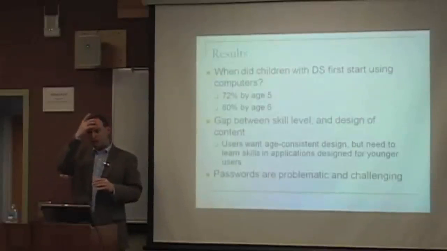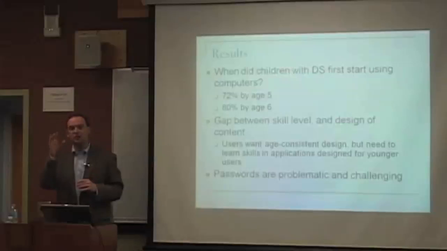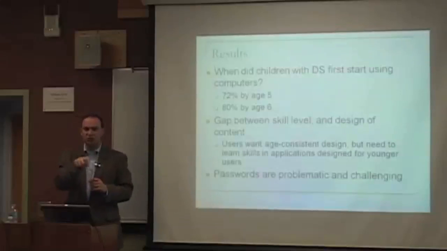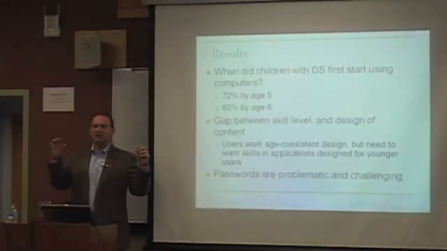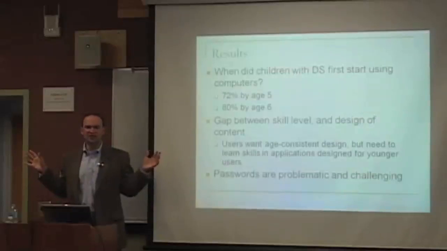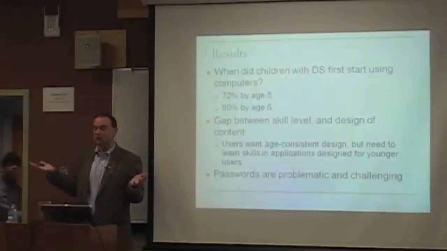Well, people with Down syndrome maybe need to learn the skills of a 7-year-old, but they're 9, and they want the design of a 9-year-old. So lots of cutesy cartoon characters didn't work for them. They said, this is for a baby, this is not for me, even if some of the skills were things they really needed to learn.